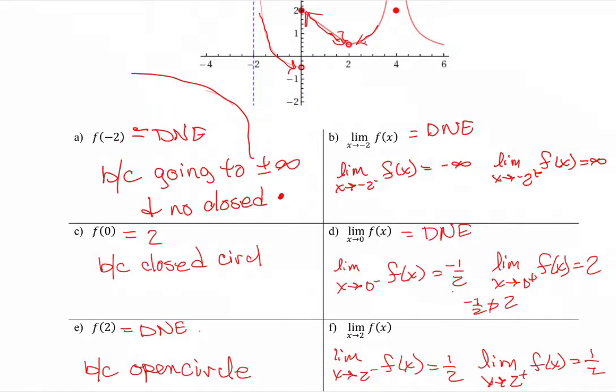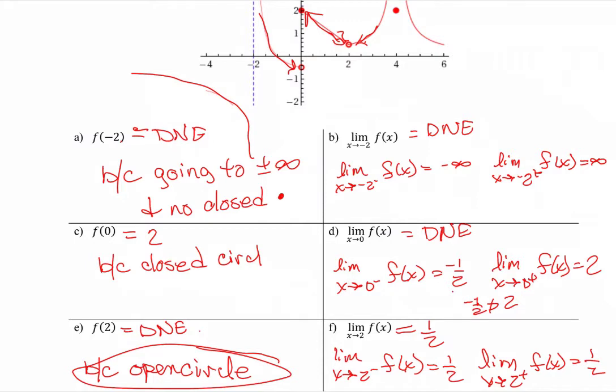Even though the function value at 2 is an open circle and does not exist, this limit value is a half. All right? Just because the function value does not exist does not mean that the limit does not exist. It means the function is not continuous, but the limit exists. I want you to make sure that you get that.